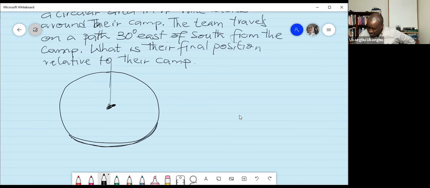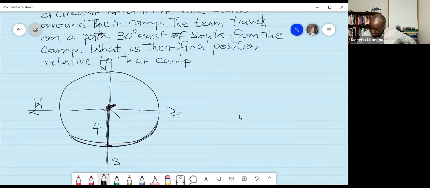So you can draw your cardinal points: this side is east, this side is south, the upper side is usually the north, and the left side is usually the west. From this camp to any part of this circular path is 4 miles. So even if that path is right here, this is still 4 miles.